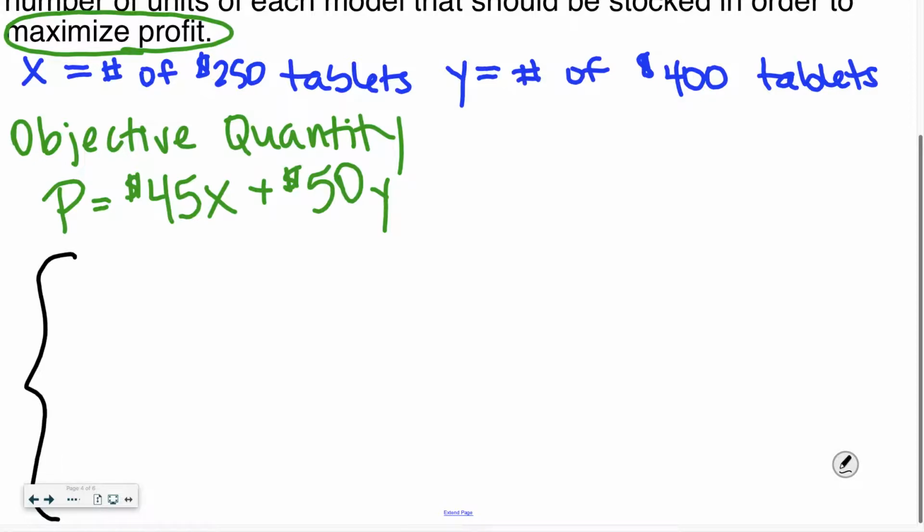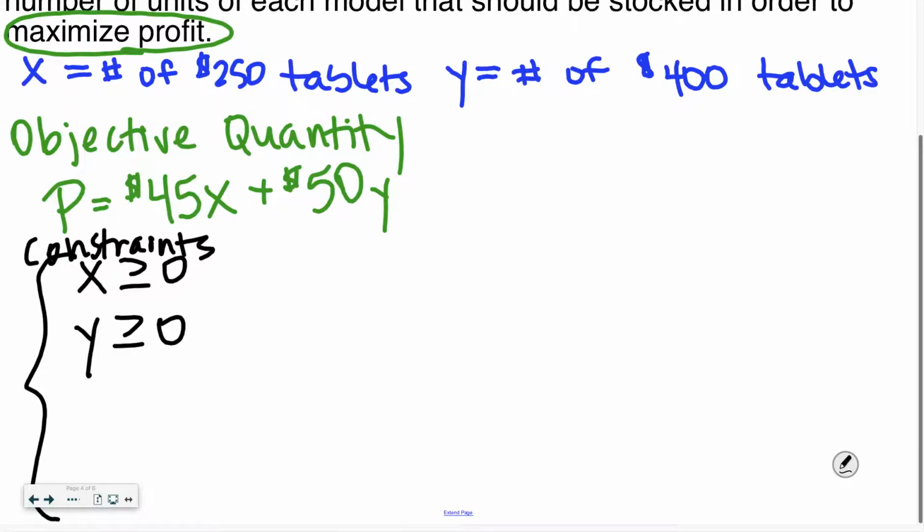Okay. We're talking about tablets. What are the first two constraints we're writing? Okay. We better write in that x is greater than or equal to 0 and y is greater than or equal to 0. All right.